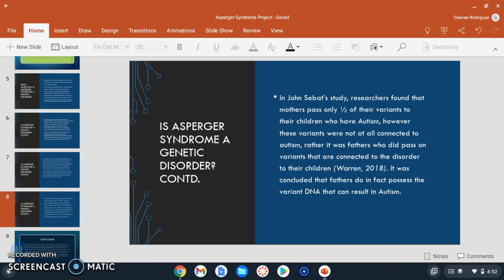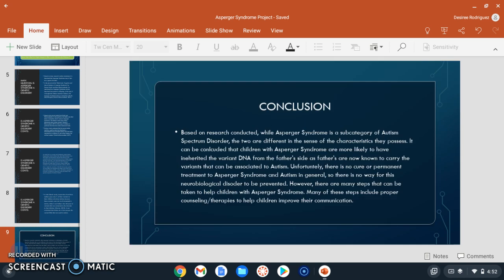They're just passing plain variant DNAs. However, fathers possessed and passed down 50% of their variants, and those variants of DNA are actually connected to Asperger's syndrome or autism in general. So it was concluded that fathers do in fact possess the variant DNA that can result in autism.